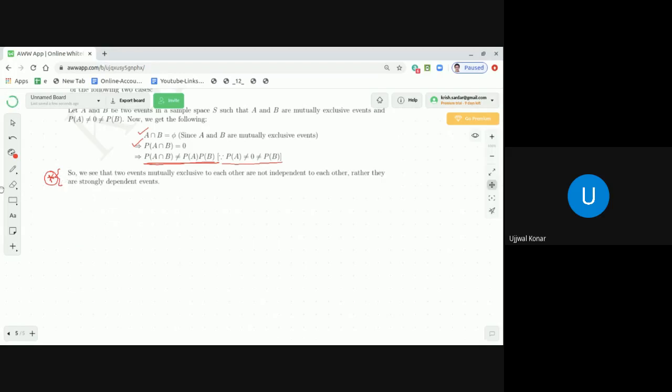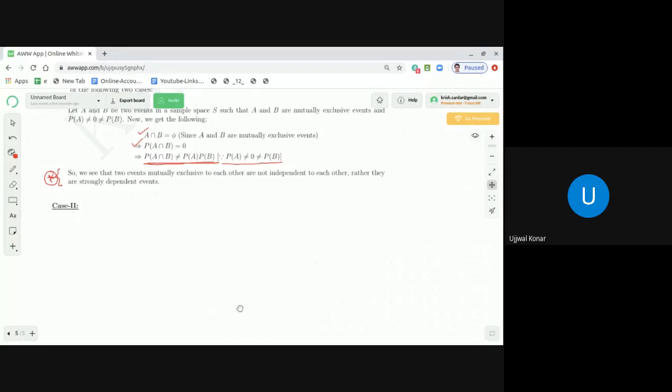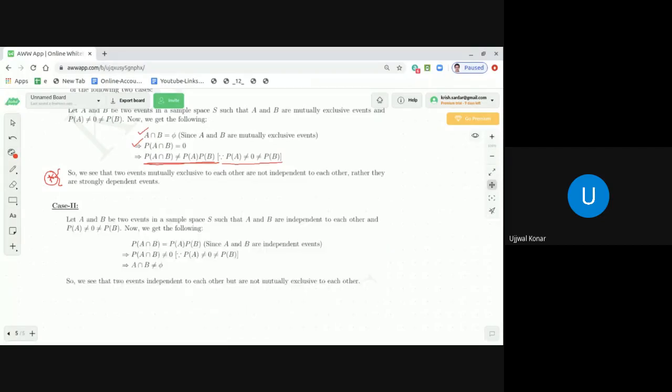So in the second case, let A and B be two events in a sample space S such that A and B are independent to each other and probability of A not equal to 0, not equal to probability of B. That is an obvious condition, dear students.